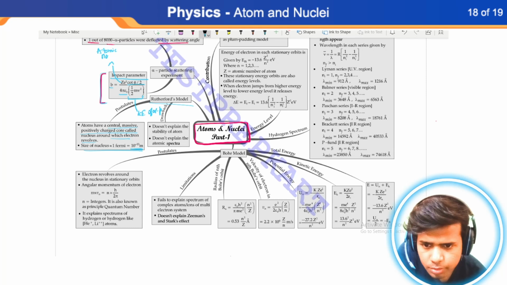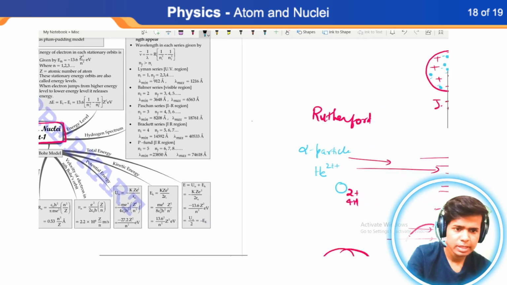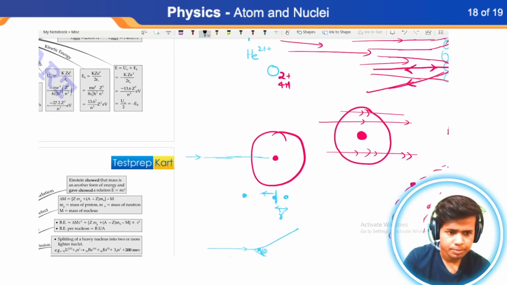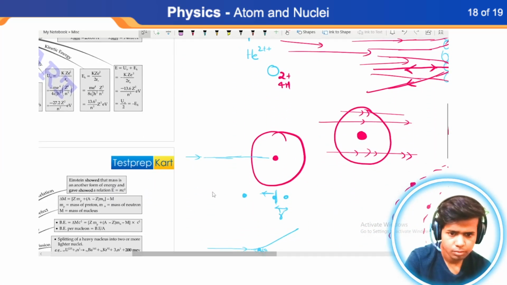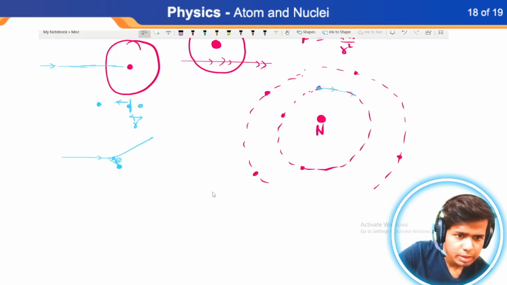Now, the drawbacks. It doesn't explain the stability, because you might know that when charges revolve, they emit electromagnetic radiation.